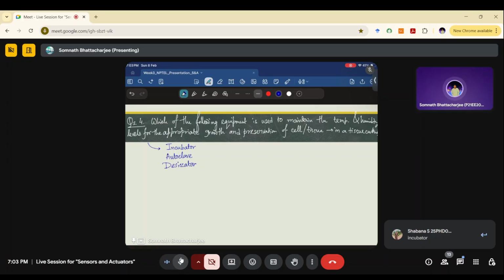Yeah, incubator is fine. So what do the other devices or equipments do? What does the autoclave do and what does the desiccator do?